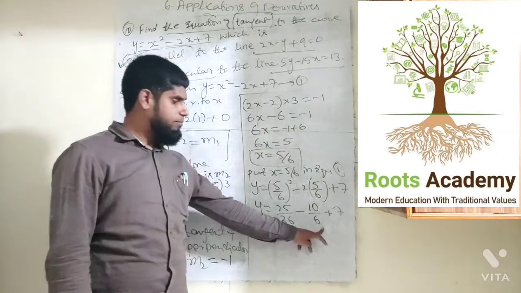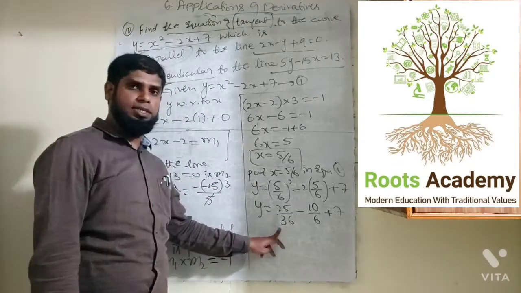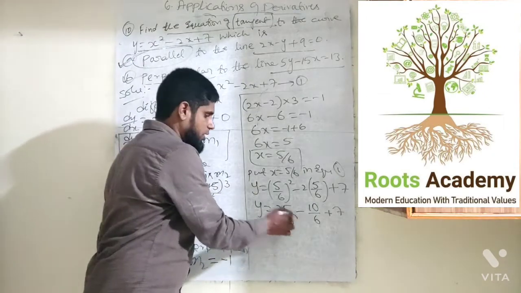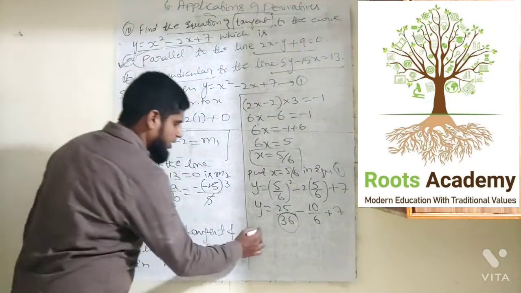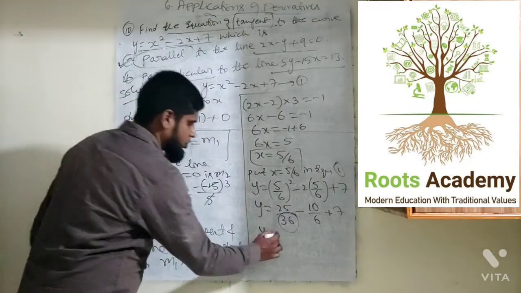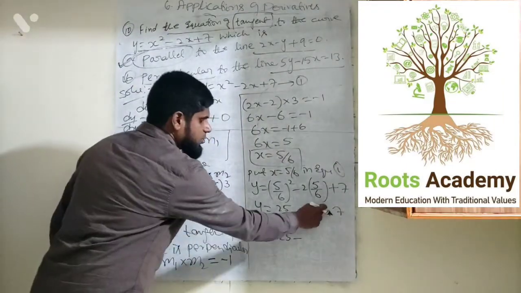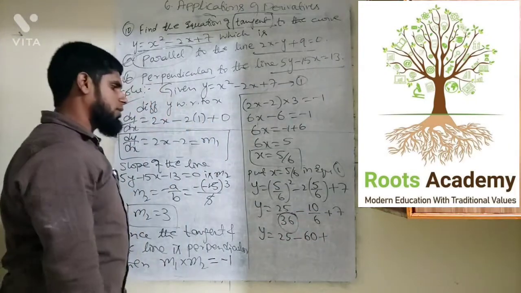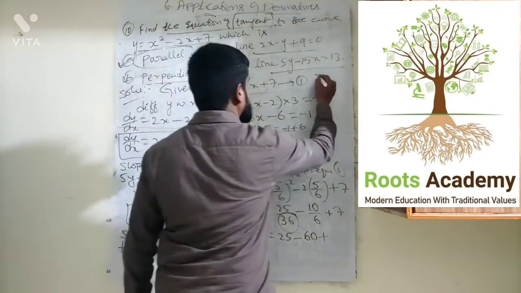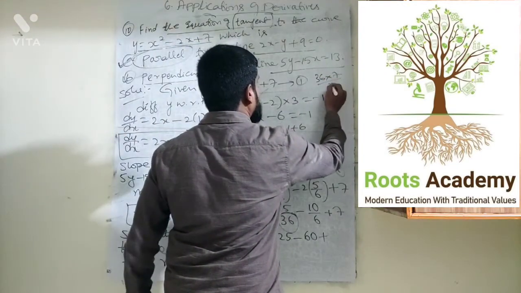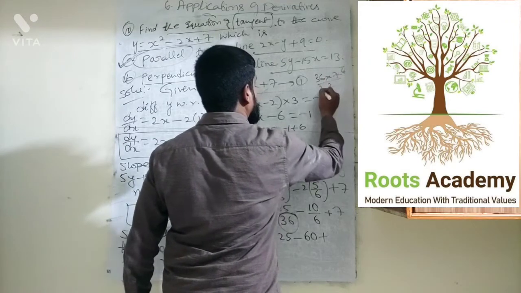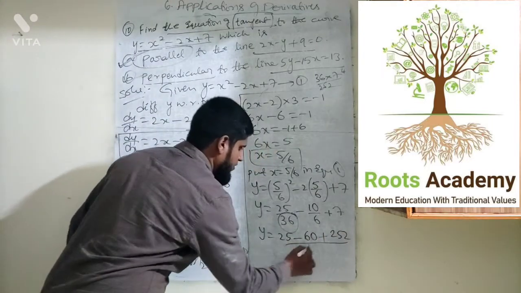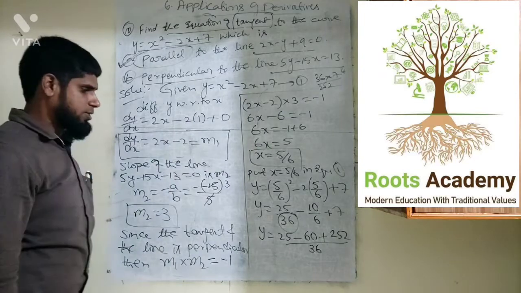Students, here 36 is the LCM, because 6 one times 6, 6 times 6 is 36. So the bigger number is 36, and both are multiples of the same number. So 36 is our LCM here. After the LCM, we will get 25 minus 6 times 10, which is 60, plus 36 into 7, which is 252, divided by 36.